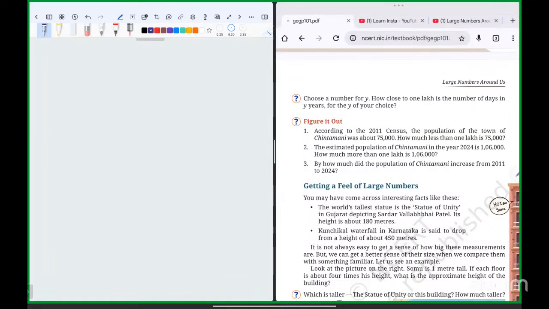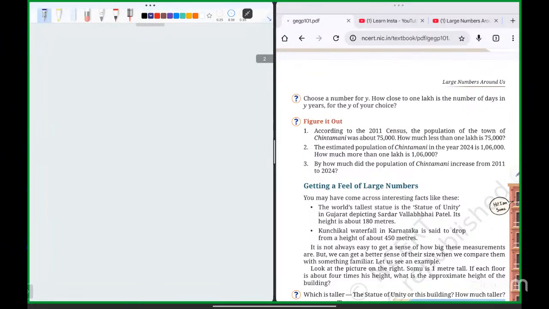So the figure it out question says, let us see the first question. Let us break it down. According to the 2011 census, census is nothing but the calculation of the population of a town or a country. It's just about a calculation. According to the 2011 census, the population of the town of Chintamani.